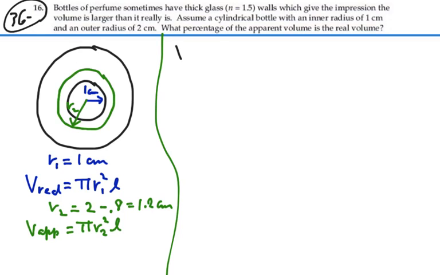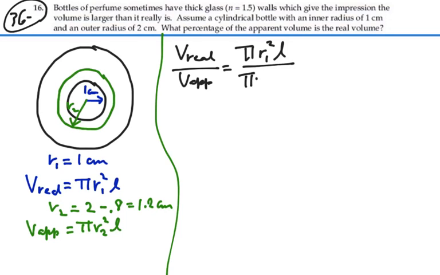So the ratio of the real volume to the apparent volume is equal to pi r1 squared times length L over pi r2 squared times length L. Length L cancels out, pi's cancel out, and so this ratio of the real volume to the apparent volume is r1 squared over r2 squared, which equals 1 squared over 1.2 centimeters squared.